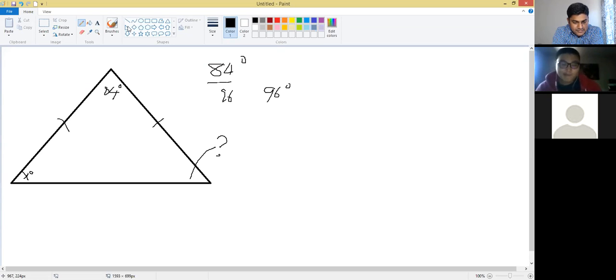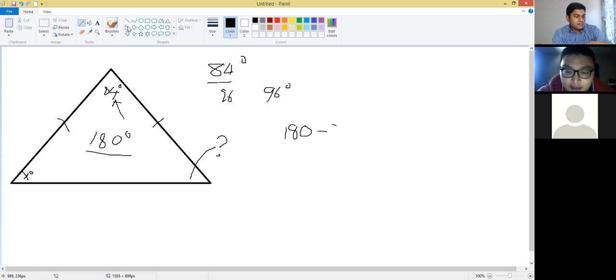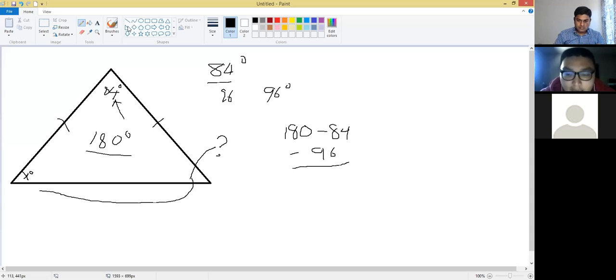So to solve this question, first, this triangle totals 180, that's for sure. We talked about it several times. 180 minus this angle, you have 180 minus 84, left 96, which is, these two angles total 96.